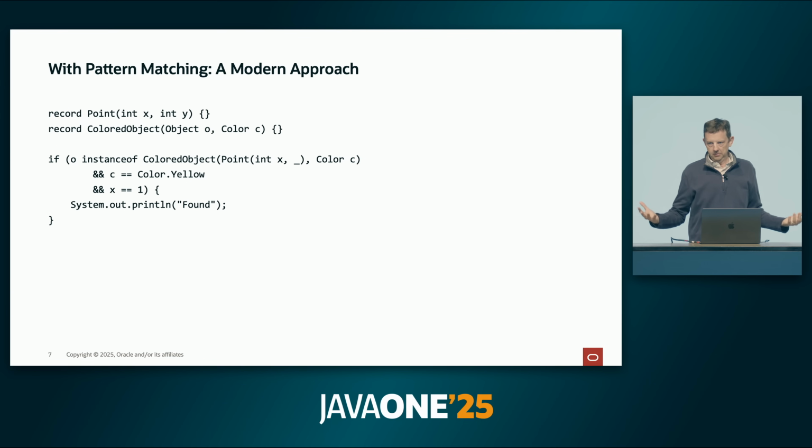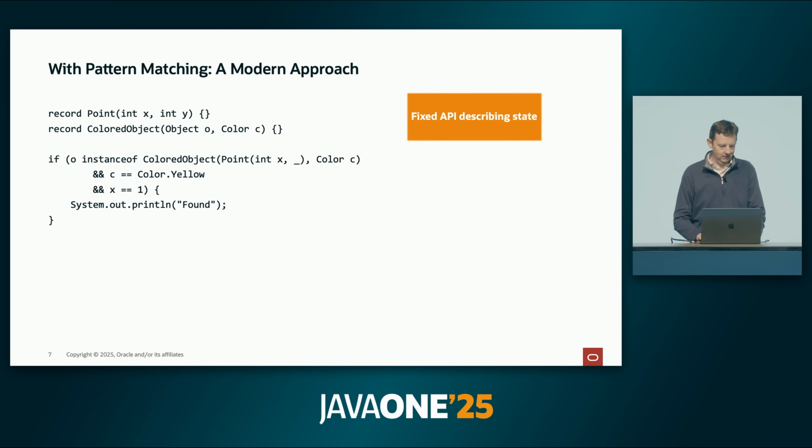Here's what we'd like to be able to write, and here's what you can write in Java 24. This is just a high-level view, and I'm going to drill through a bit of each of the features that are involved here and some of the other features we've implemented. But as you can see, the entire API is just 2 lines. You've wrapped all your data in some record classes. We'll talk more about those.